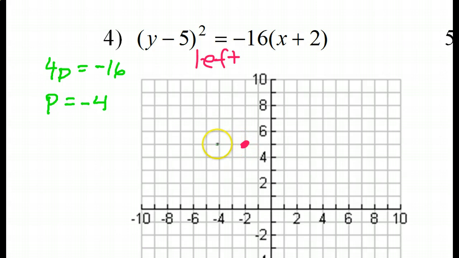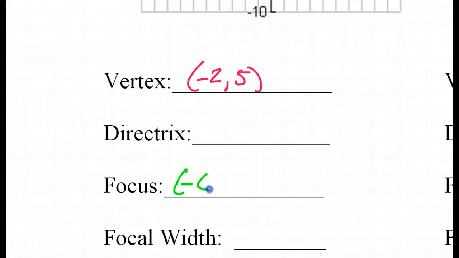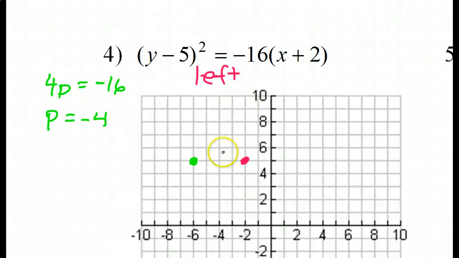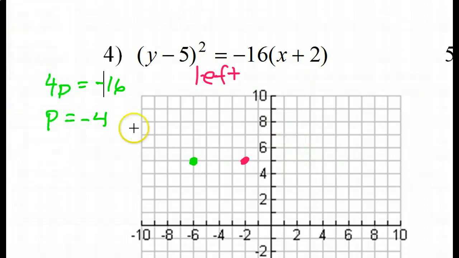So this is my focus, which is at -6, comma 5. As soon as you do your focus, you go in the opposite direction and do your directrix. So the directrix is going to be right here.